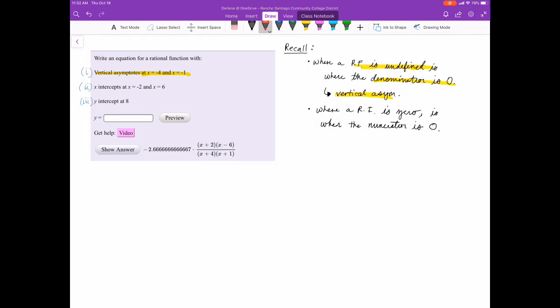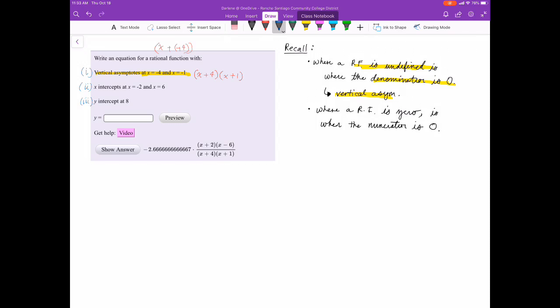So the factors in the denominator of the function would be x plus 4 and x minus 1. Because of the negative, if we recall, it would be x minus -4, which turns to plus, and that's why we get the plus.